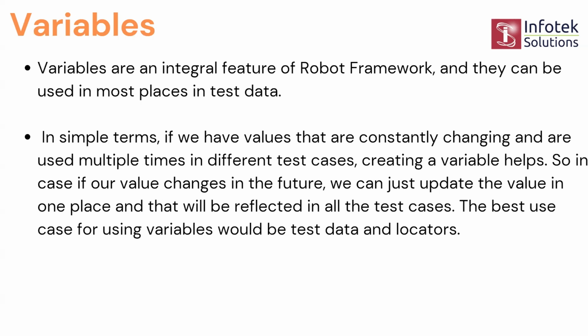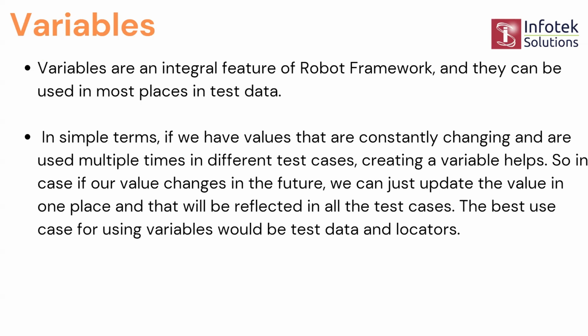The best use case for variables would be test data and locators. When we are writing a test case, we pass values to those test cases. For example, we pass the URL, the browser name, the username, the password. These values we can store inside a variable.